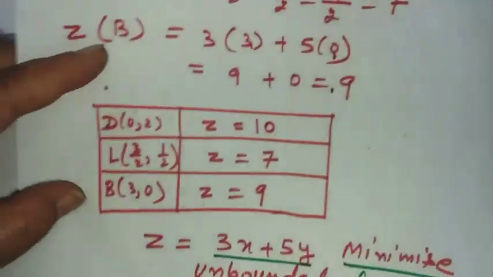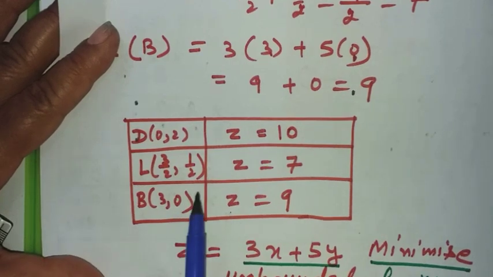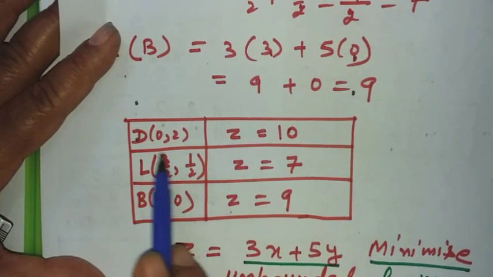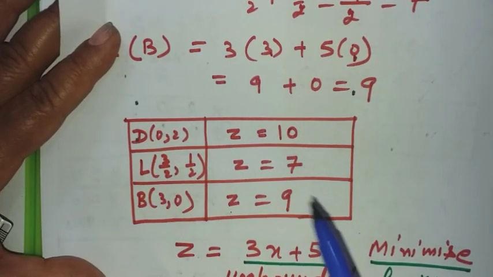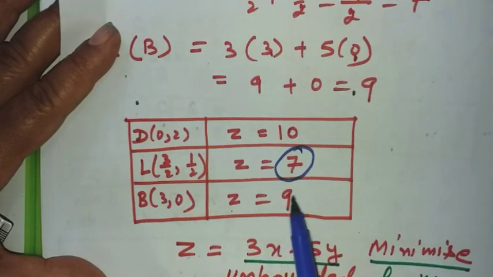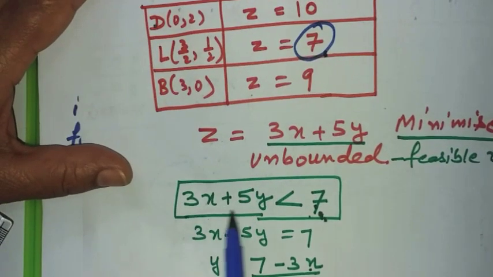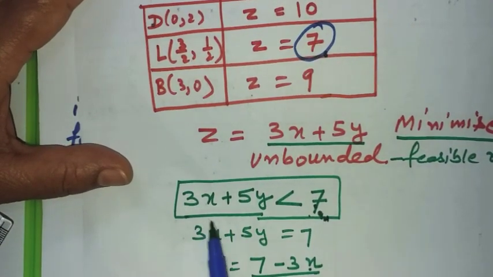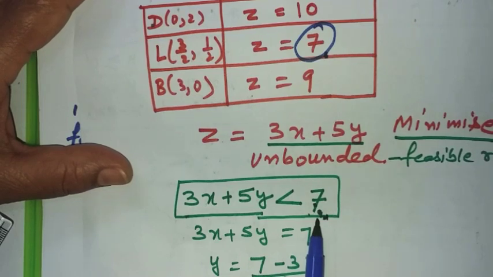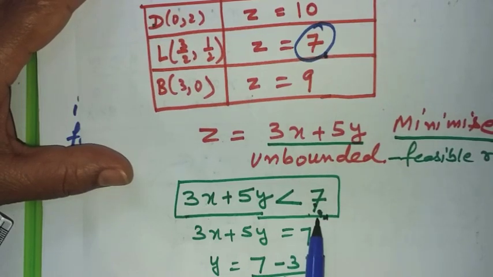Why 7? Because you remember that when we calculated the values of z at the corner points, the minimum of them was 7. But the minimum value will finally be taken as 7 only after confirming that this newly formed inequality has no point in common with the previously formed feasible region.